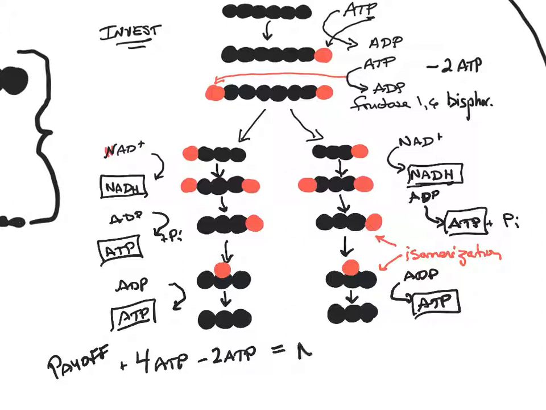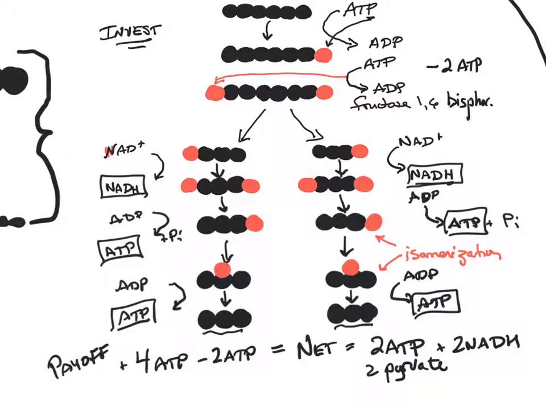So the net product equals 2 ATPs. We've also generated 2 NADH. And at the very end, we have the 2 3-carbon molecules, 2 pyruvates. And that's glycolysis. Pretty darn simple.